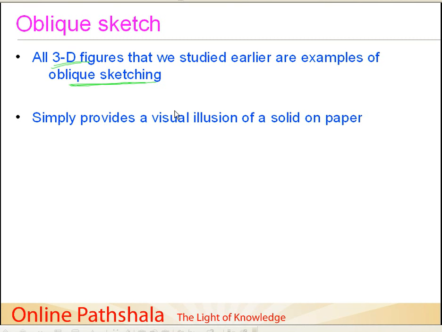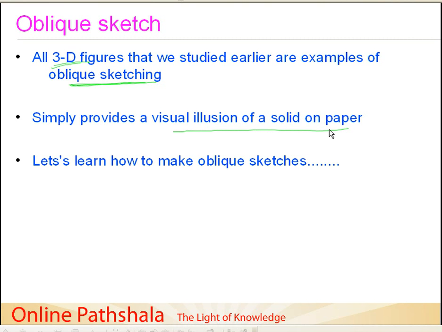So what is so special about it? It simply provides a visual illusion of a solid on paper. For example, you were able to recognize that a particular drawing looked like a cube or a cuboid, and so on. Now let us learn how to make oblique sketches.